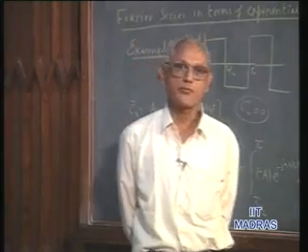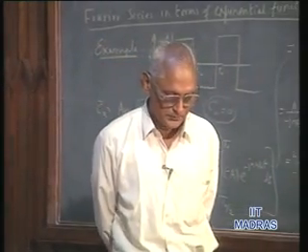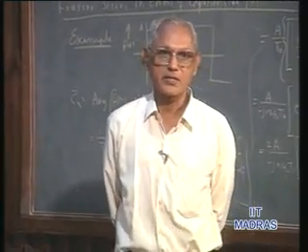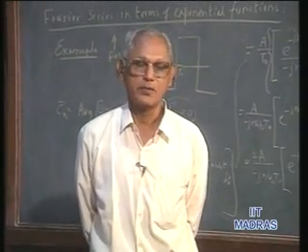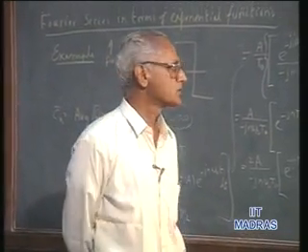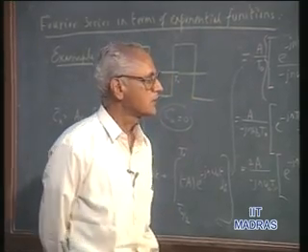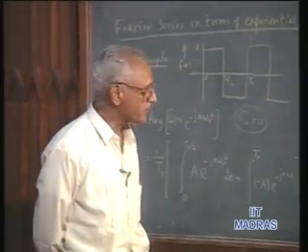The price we have to pay for that is, of course, we have to use complex algebra because Cn is a complex number, whereas if we are calculating an and bn, we have to deal with real functions only. So we have to pay a price for it, but nevertheless it leads to a very compact notation.